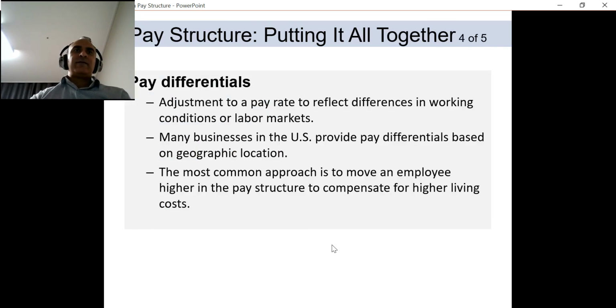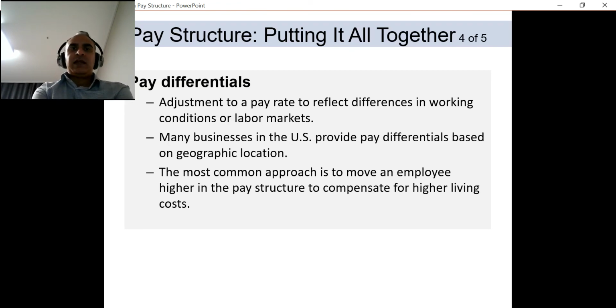We also have pay differentials, and this is when we do adjustments. Let's say, for example, we send an employee to, let's say, Vietnam. So we want to pay them the same 3 million that we used to pay them in Korea. And you're going to say, yeah, but the economy there is much lesser. So you will be very rich there. Yeah, fantastic.